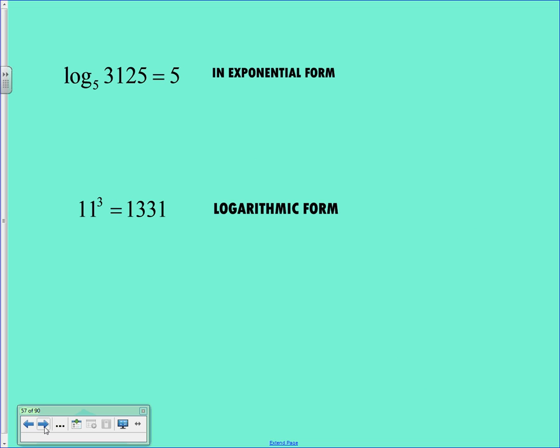Okay, very good. So now the last two are to rewrite it. Rewrite in exponential form. That's everything you've been doing this entire time. So that would be 5 to the 5th equals 3125. That is exponential form, so that's the easy way. Logarithmic form is to go backwards. If it says logarithmic form, that means I want the word log in there. Now, if it had an e, I would have to use the natural log, which would be ln, but we do not.